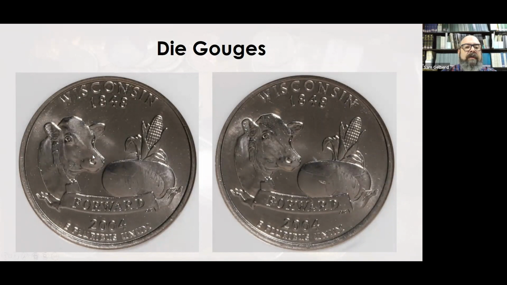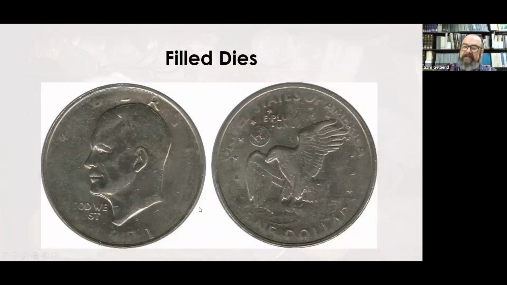Maybe kind of hard to notice on these, but if you look, you might notice these die gouges, what they call the low leaf and the high leaf varieties of the Wisconsin quarters. Jury is still out whether or not these were intentional or not, but they're classified as error coins, or varieties rather.